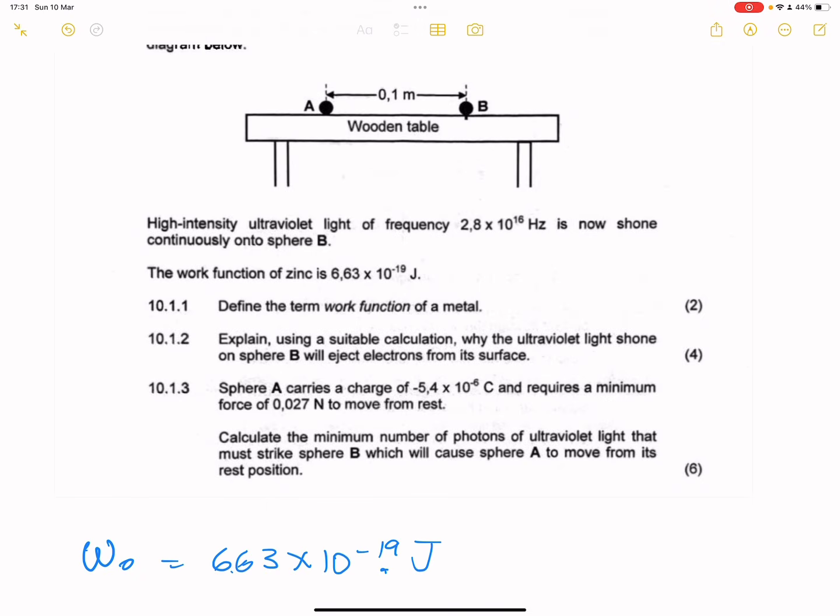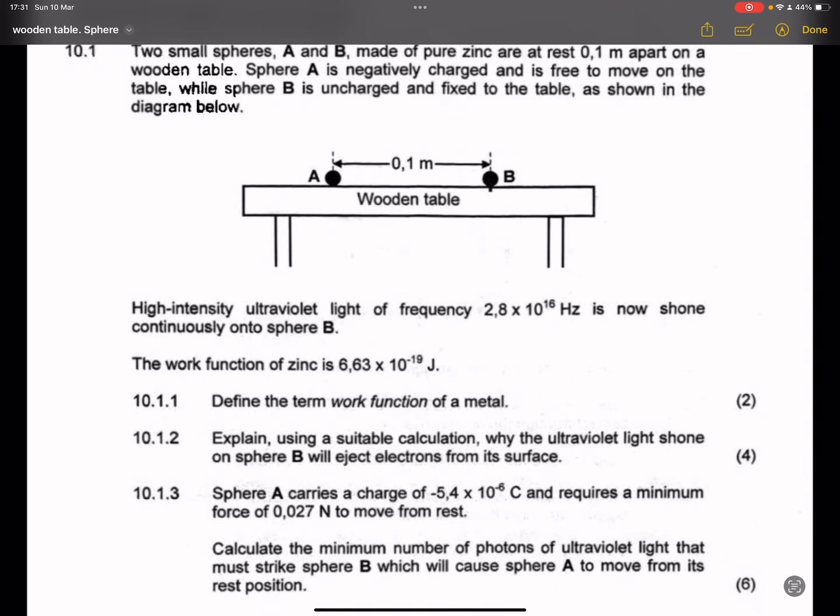Now, ladies and gents, I think the trick of this question lies in the word minimum. And here's the assumption that we're going to make: that one photon will eject one electron. That's the minimum that can happen. But usually that is not the case. You'd find that one photon does manage to eject more than one electron.